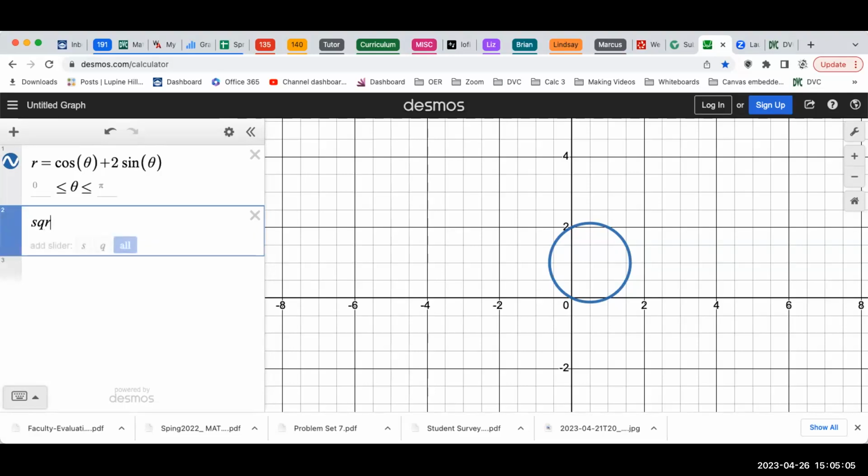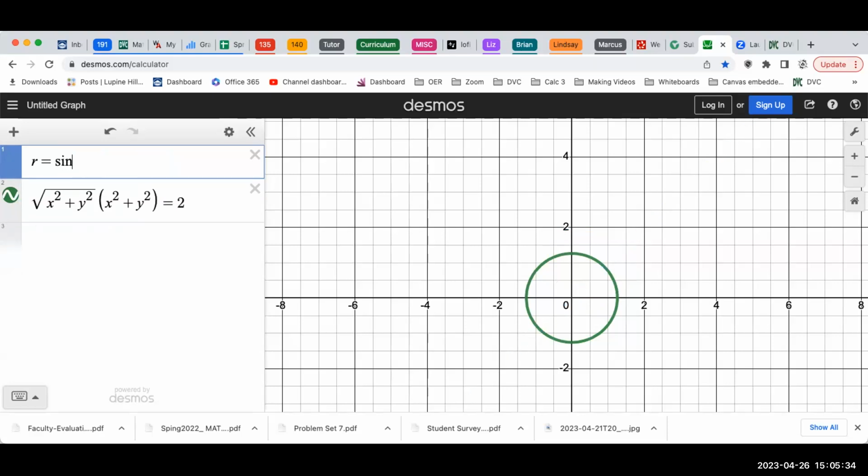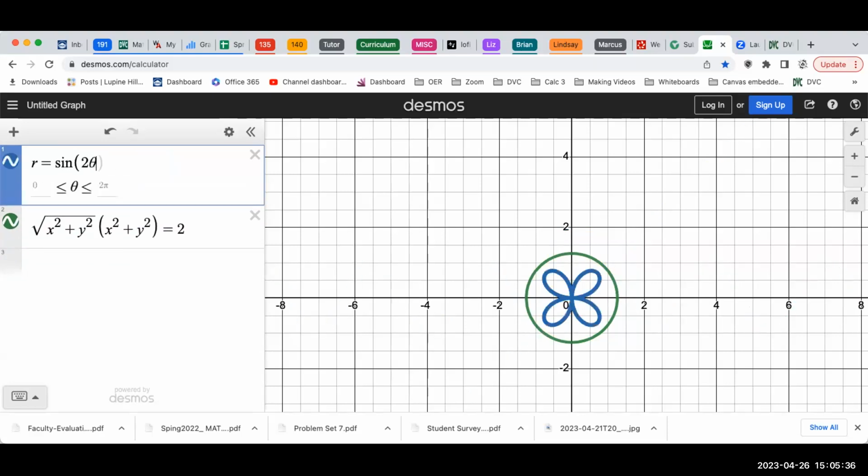So it was the square root of x squared plus y squared times x squared y squared equals 2xy. Oh, I'm looking at the wrong one. The original one was sine of 2 theta. Oh yeah, it's not gonna work.